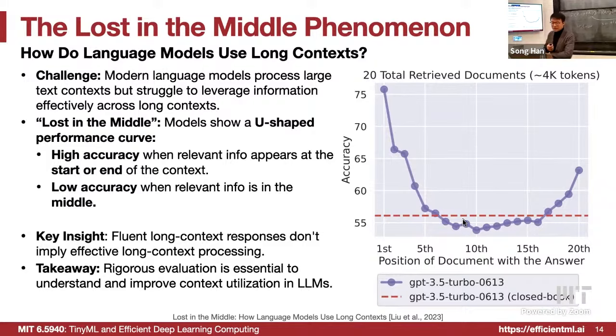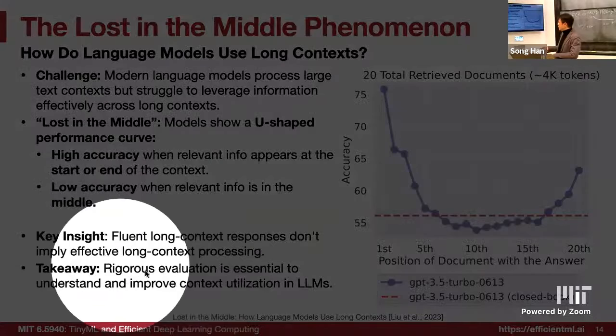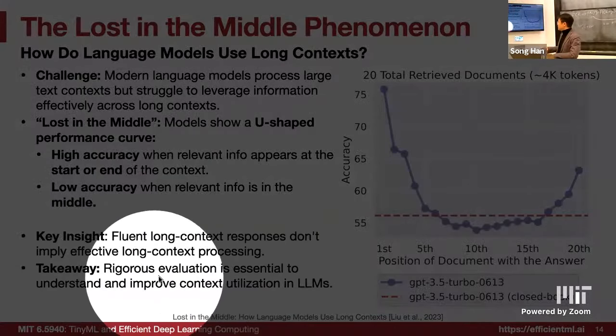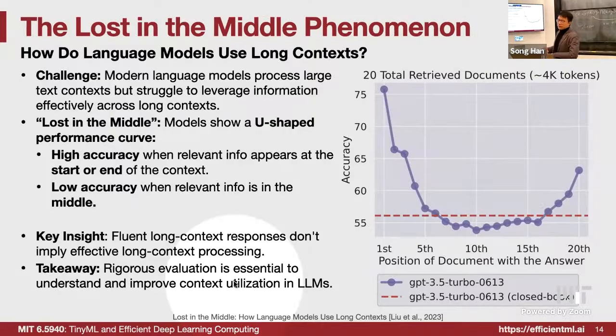The key insight is that a very fluent long context response doesn't imply you can remember the stuff. It's highly possible the language modeling perplexity is pretty good, but you're forgetting the things in the middle. Therefore, perplexity is not enough. We need more rigorous evaluation to understand the capacity and performance of long context LLMs.